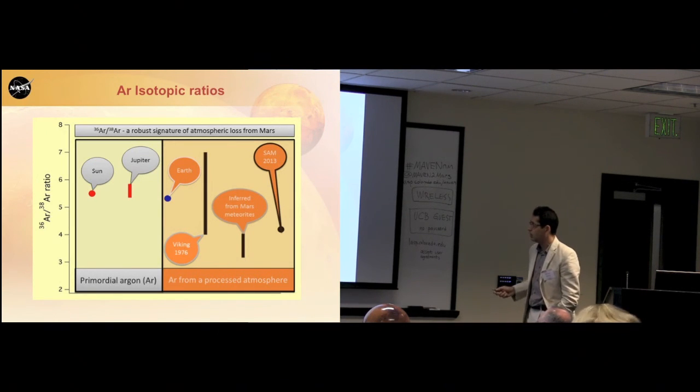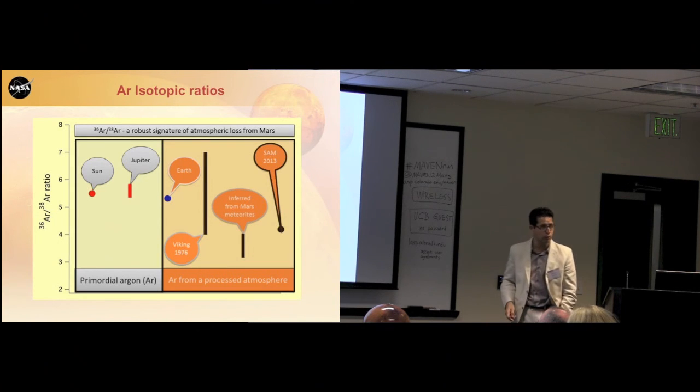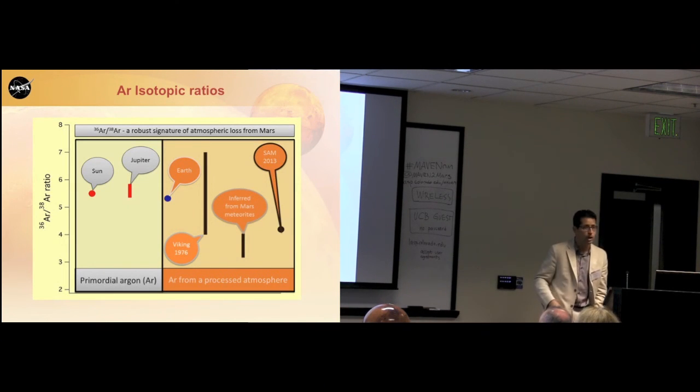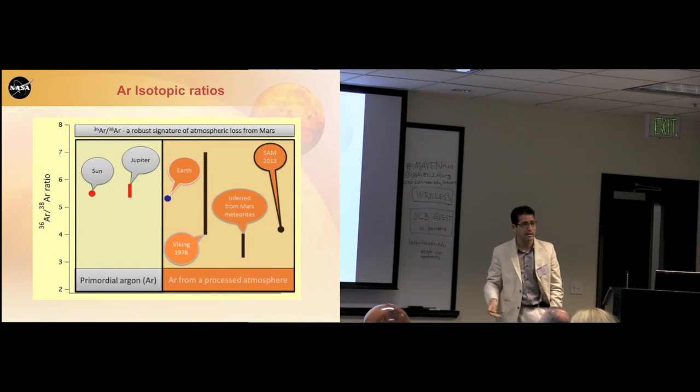So we're dead on with the measurements from the meteorite, at about 4.1, 4.2. Compared to Earth, the argon on Mars is enriched in the heavy isotope, and that points to loss to space because argon cannot really get lost anywhere else.